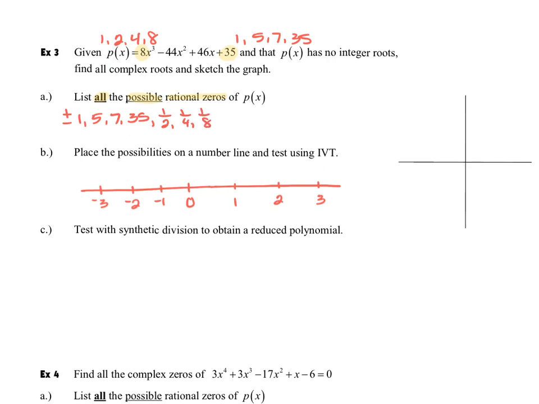From there, I'm going to keep going and I'm going to do my 5/2, my 5/4, and my 5/8. Keep going. I'm going to do my 7/2, my 7/4, and my 7/8. And then lastly, I'll have my 35, and I'm going to actually list those up above, and I'm going to say 35 halves, 35 fourths, and 35 eighths.